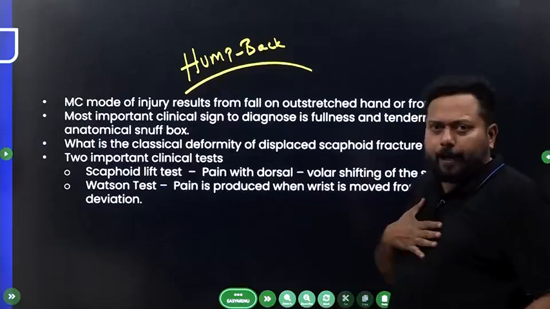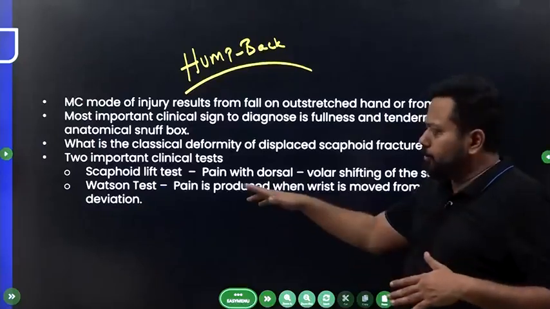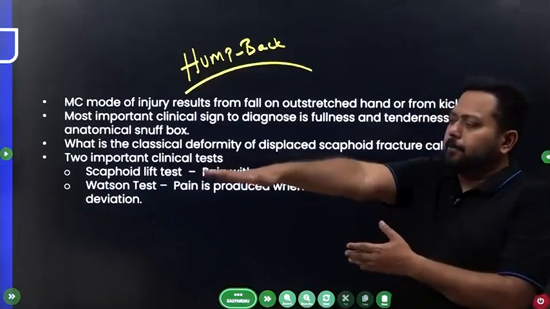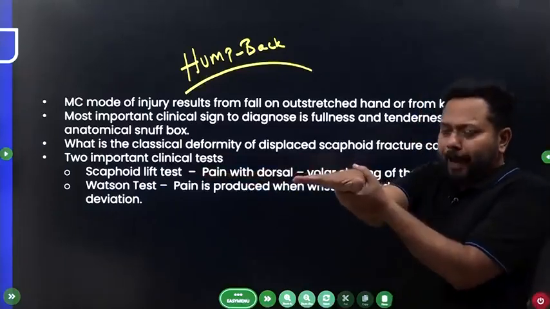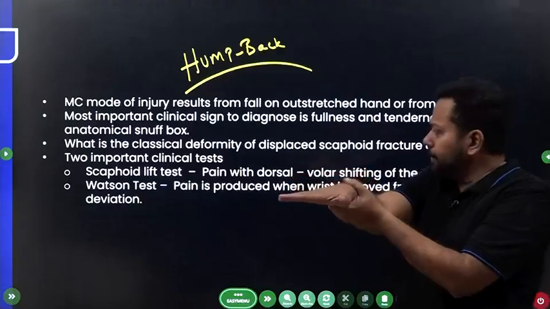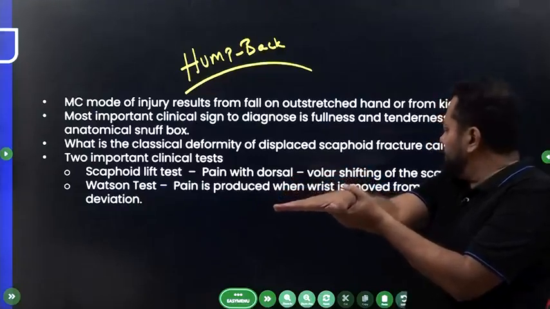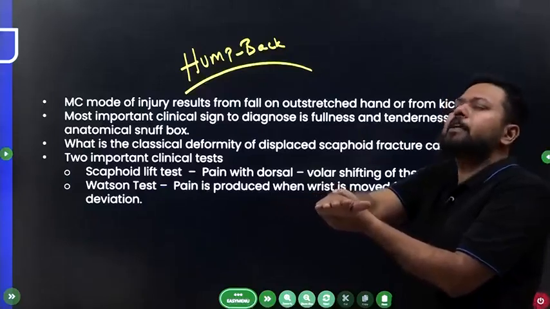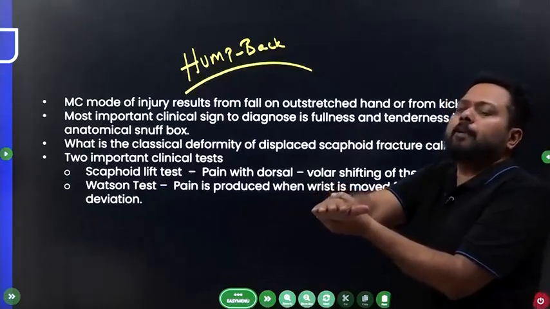The test which commonly I do and most of the orthopedicians do is called Watson's test. Make the patient put his hand over a table like this. Pain is produced when the wrist is moved from ulnar to radial deviation. When you do like this, if there is scaphoid fracture, patient can't bear the pain.